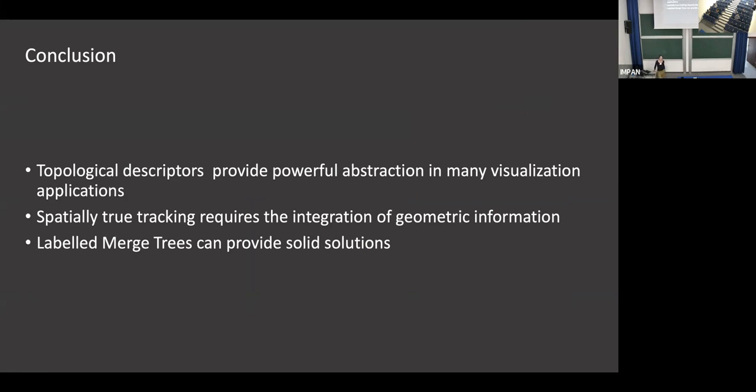Something that we definitely experienced is that it is really important to use geometric embedding information if you want to get a true tracking, and this can cause a lot of problems. In many cases, if you do this labeling, it is so unstable, so that the distances that you compute between these matrices are so much dominated by all of a sudden flipping labels from one time step to another that it can be messing up your complete results.